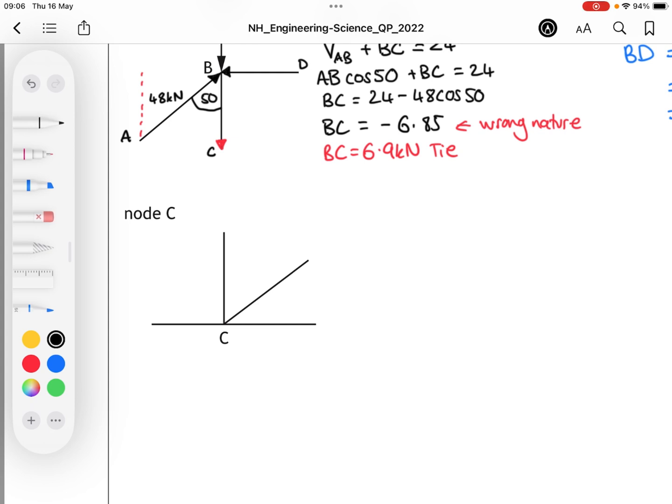So there's a lot of information we can put on here. We know that AC is a tie, and we know that BC is a tie as well. We don't know about CD, and we don't know about CE either.